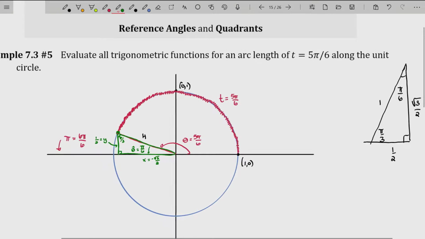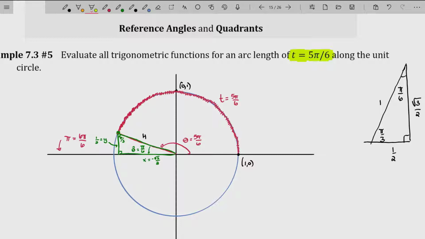So I don't need to do any other computations. I can actually just refer to my special triangle when I have a lot of different special angles. Notice this angle that I've been given, which is 5 pi over 6, even though it's called an arc length, it's also the angle. That angle that we've been handed is greater than 90 degrees. So we could not normally do what we're doing with right triangle trigonometry up to this point.